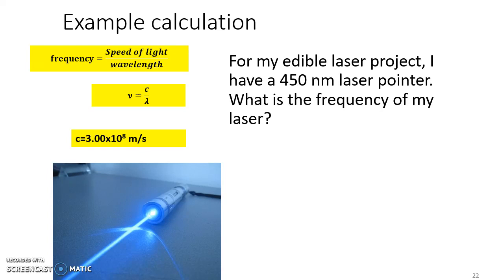First, what is all the important information that's given? Second, what does the question want? So what are you aiming for? And then third, how do we get there? What equations do we want or have to use? Is it just simple arithmetic? And are there any conversions that you have to do? So before you go on to the next video, work this out and see if you can get the same answer as I do.